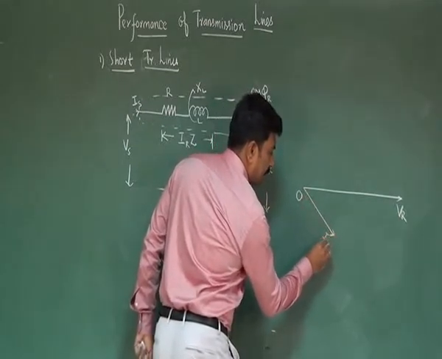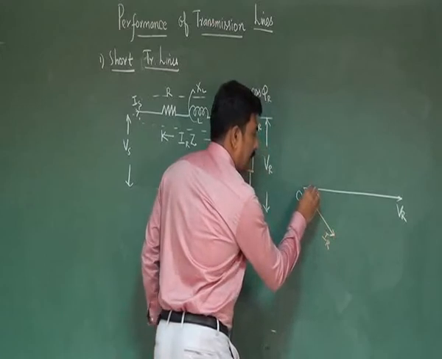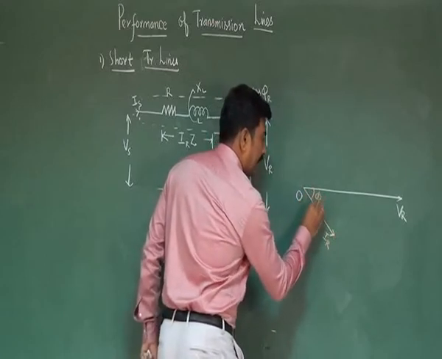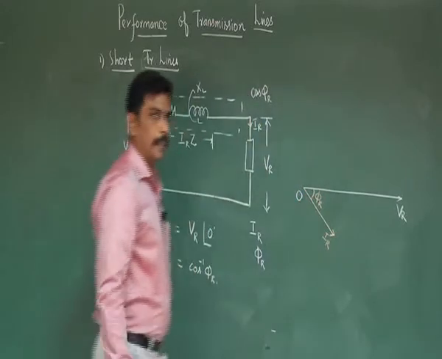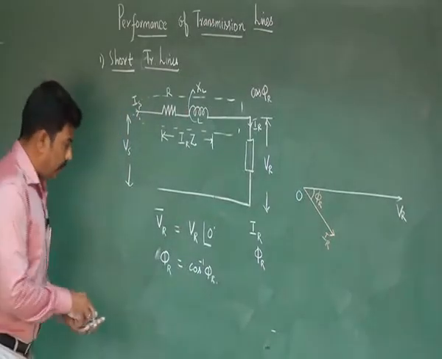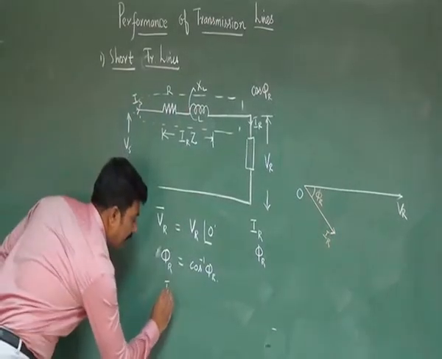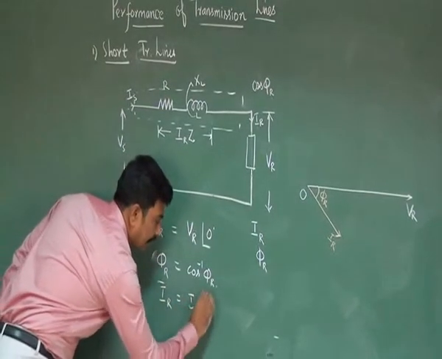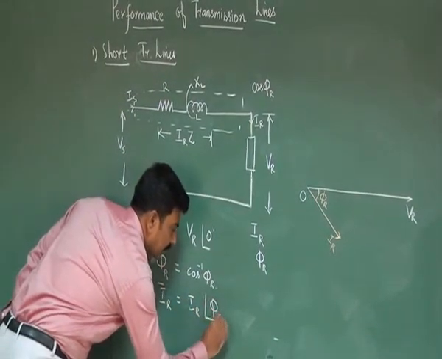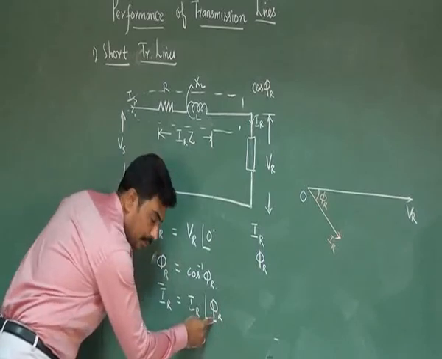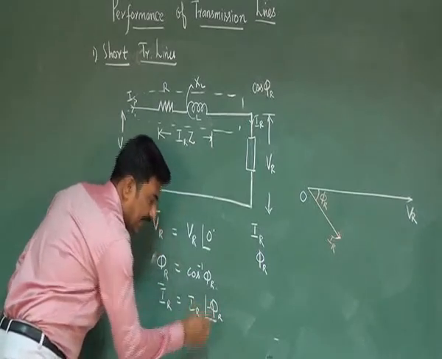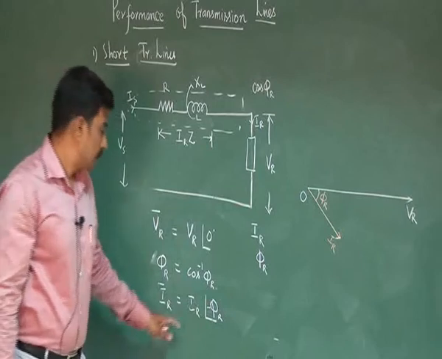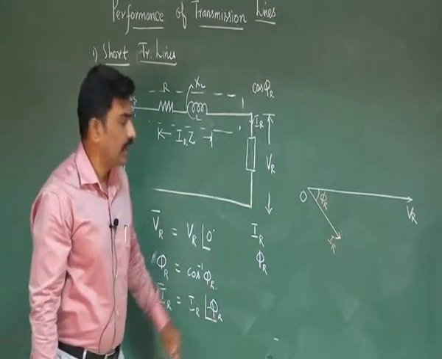So this vector is IR and lagging by an angle of phi r. Now what is IR? IR vector is IR at an angle of phi r. Here not plus, minus indicates lagging. So IR lagging by an angle of phi r.